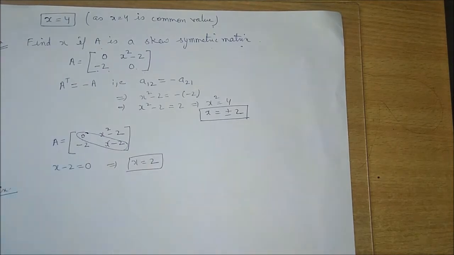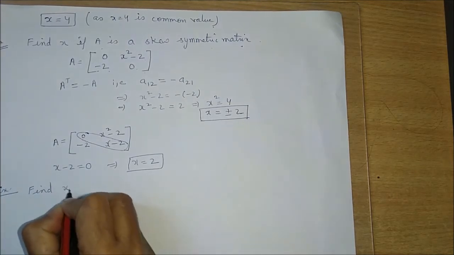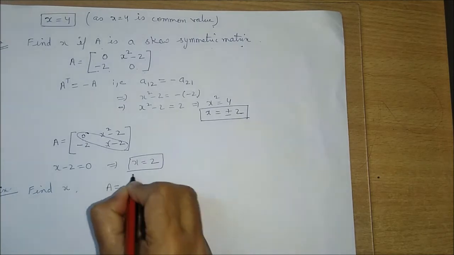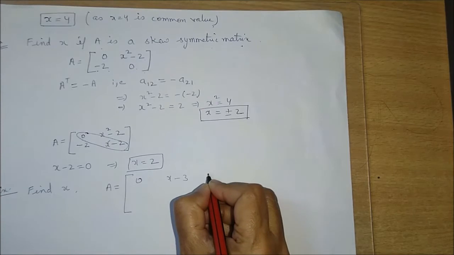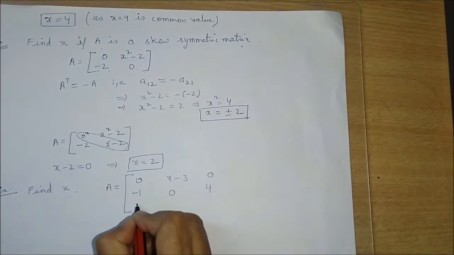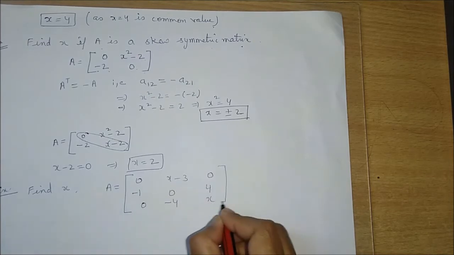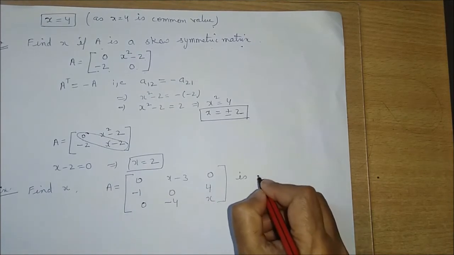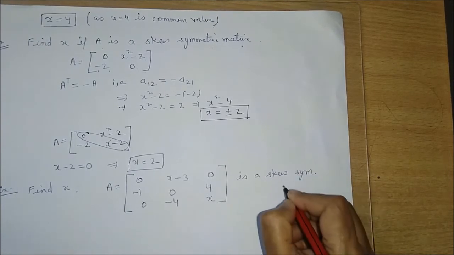Let us consider one more example. These are the types of questions which can be asked in board exam. Now find the value of x such that A equals to 0, x minus 3, 0, minus 1, 0, 4 and 0, minus 4, x is a skew symmetric matrix.